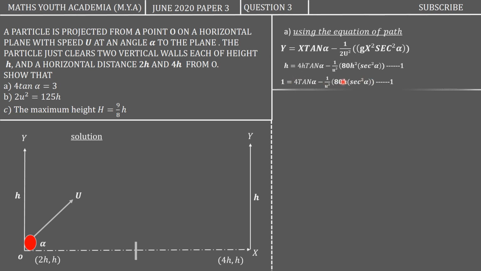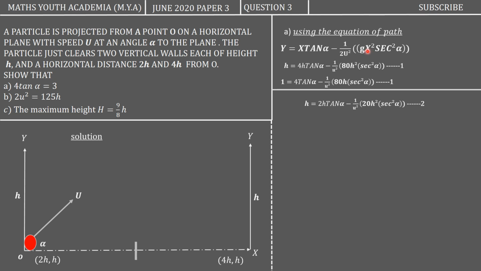Okay, using our second coordinate 2h and h, I have my vertical displacement h equals 2h tan alpha minus, what? I have g as 10 times 2h squared, which is my horizontal displacement for my second coordinate, to have what?